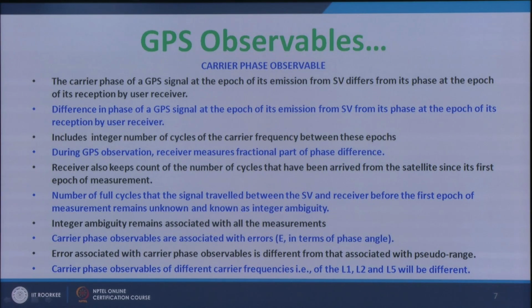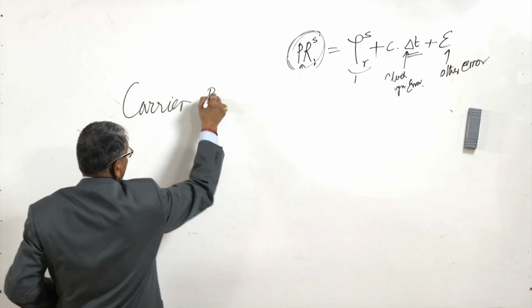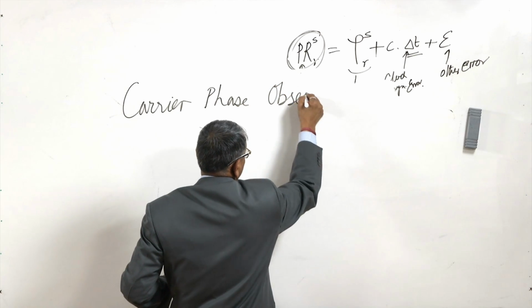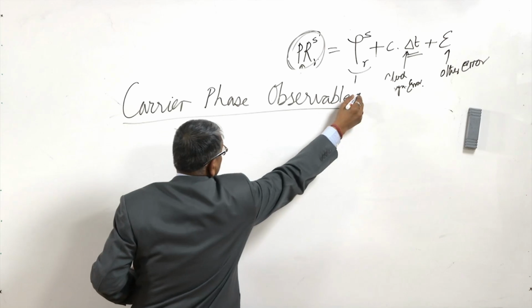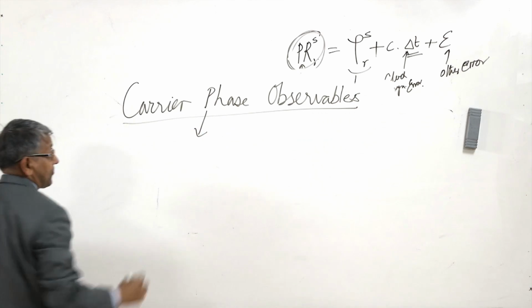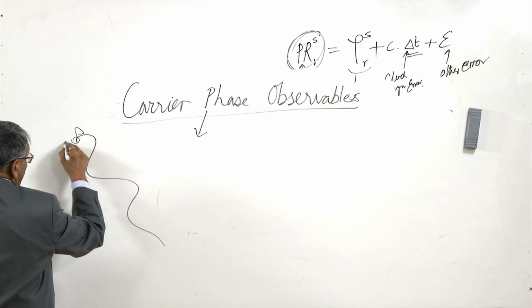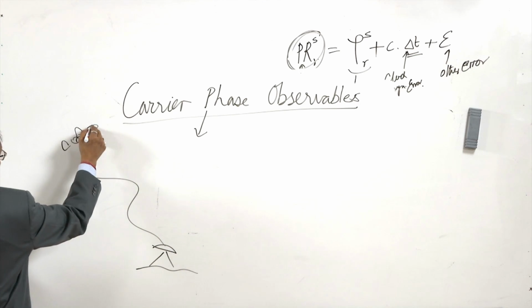Now the other observable is carrier phase. From the name itself, it is the carrier phase observable. It is the difference in phase, as signals are coming from the satellite to the receiver.